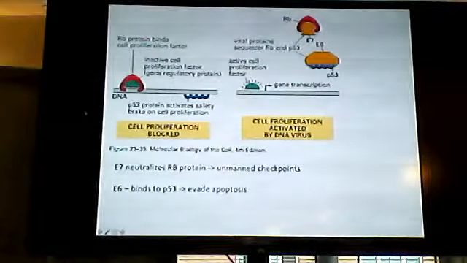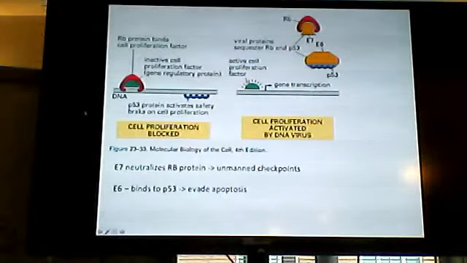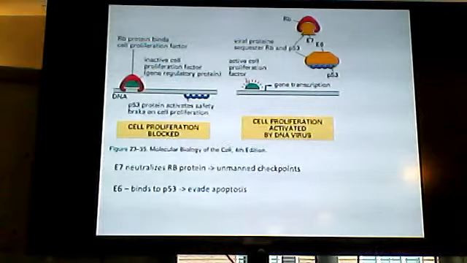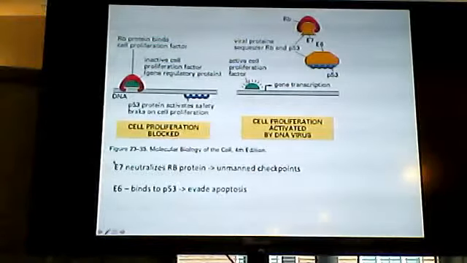So E6 and E7 are proteins associated with HPV. So remember, HPV is one of only a small handful of viruses that are well characterized as causing cancer, like a causative agent. It does that by, one, neutralizing retinoblastoma. So remember, you now have unmanned checkpoints.